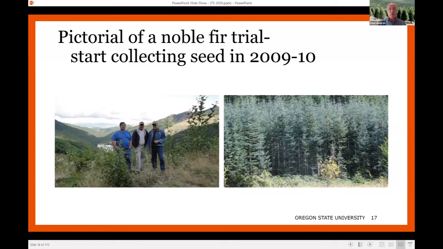We had the inkling that this was an area where we wanted to do more testing and collection because of some BLM trees that had proven very prominently in an earlier progeny test. So we wanted to go back to this area, which is above Tillamook, and do some more detailed collections.